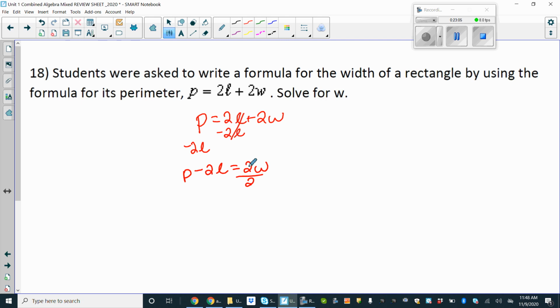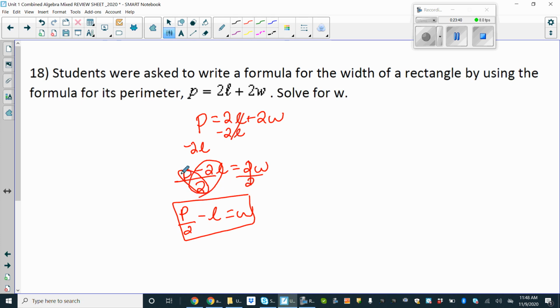You divide by 2 on both sides, and you're left with P divided by 2, because we're going to divide P by 2, and then we have to divide negative 2L by 2, and negative 2 divided by 2 is a negative 1, so therefore it's just P over 2 minus L equals W. Okay, you had to simplify because when you're dividing, make sure you divide each term by the denominator.